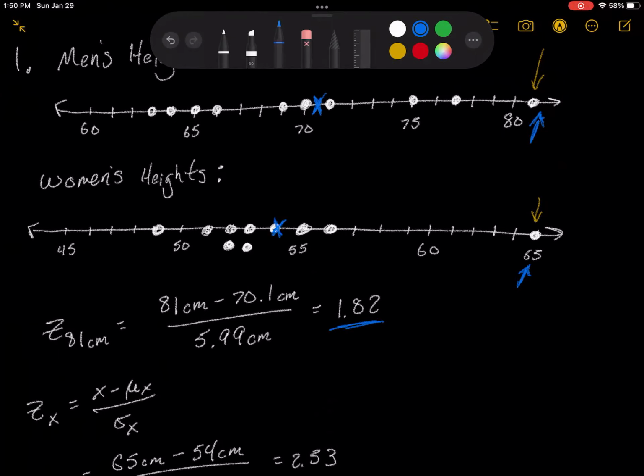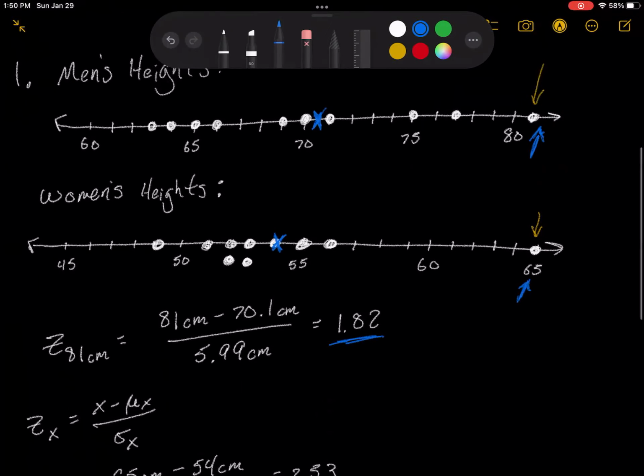Even though these distances are the same, if I take 81 and subtract 70.1, that's about 10.9, maybe 11. If I take 65 and I subtract 54, that's also 11.